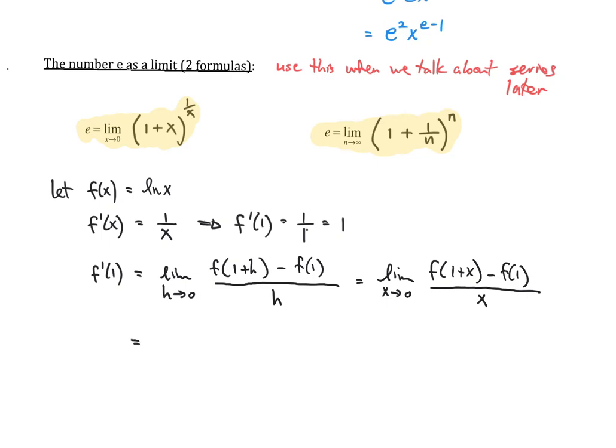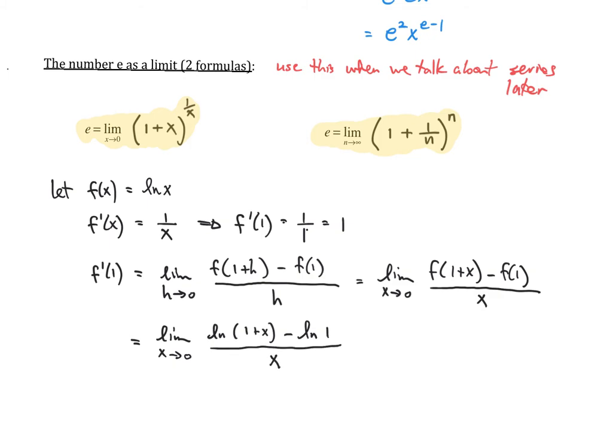We know that our function f of x was natural log of x, so let's replace those f's with natural logs, and we get the limit as x goes to 0 of natural log of 1 plus x minus natural log of 1, divided by x.